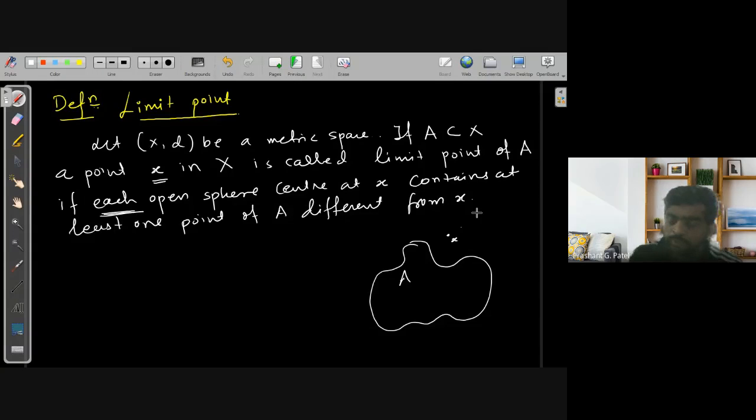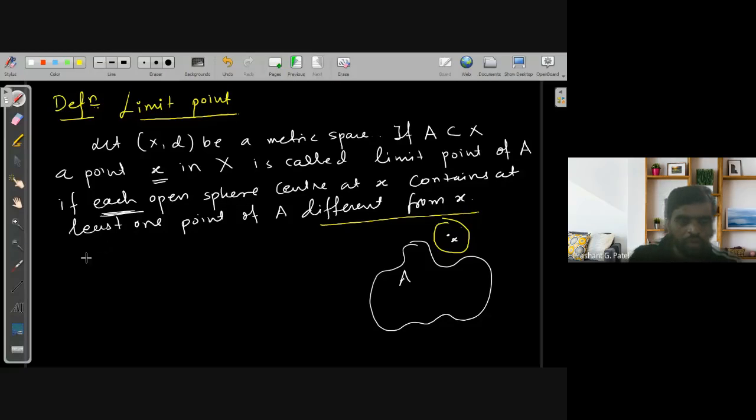Every open sphere should satisfy this condition. For each and every neighborhood of this, the intersection with this set A should contain at least one point different from X.